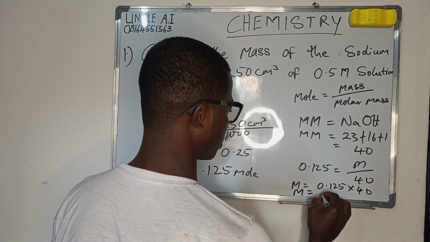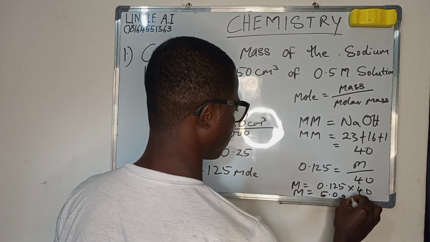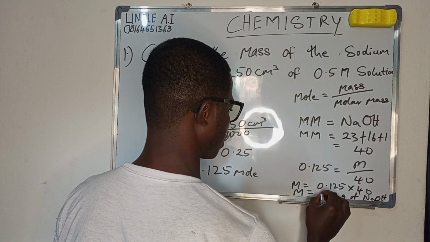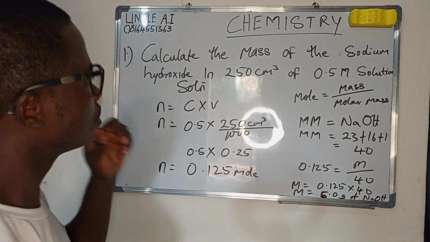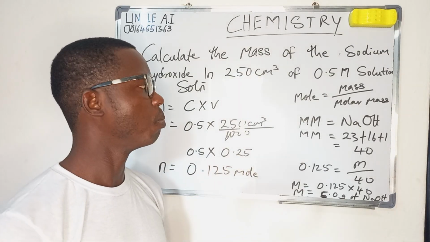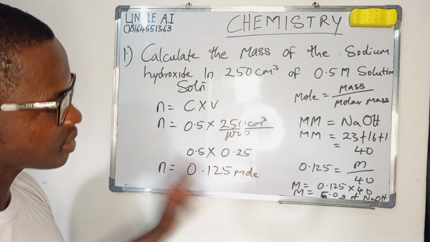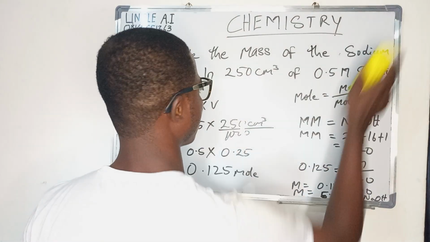Our mass is equal to 5.0 gram of sodium hydroxide that was actually present in 250 centimeter cube of 0.5 mole concentration. Now, this same question, you can solve it using this method.